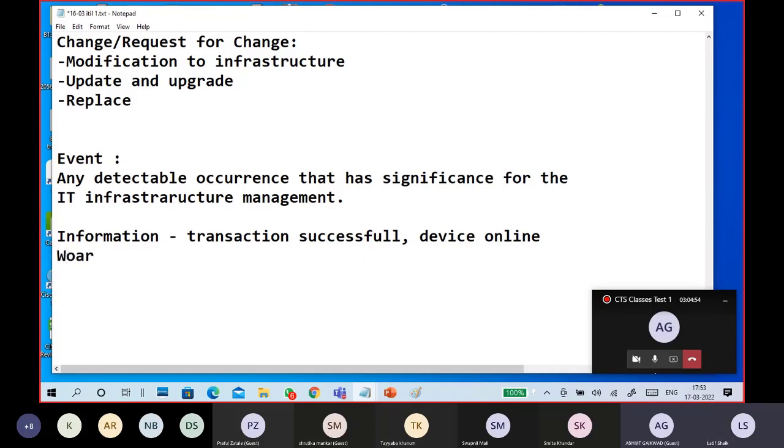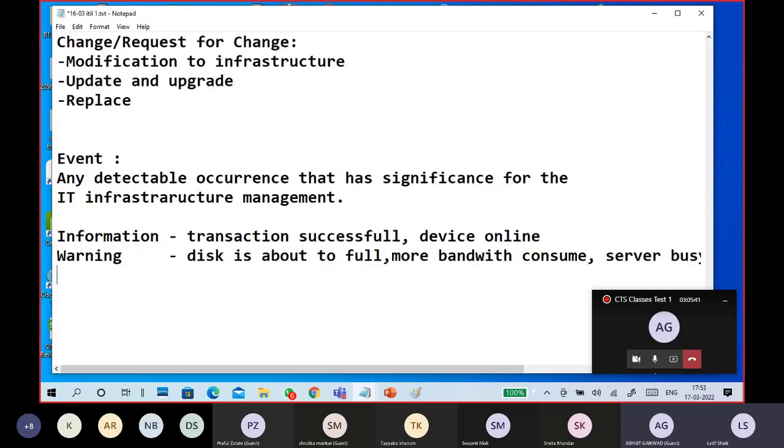Next one is warning. What is a warning? The disk is about to be full or full, more bandwidth consumption, more collisions, server busy.